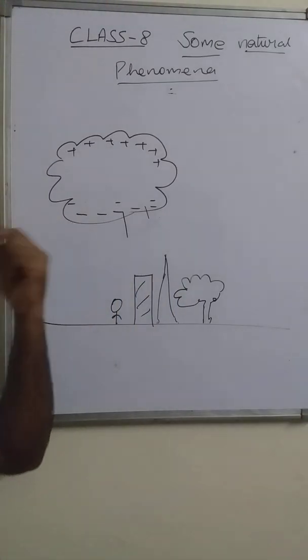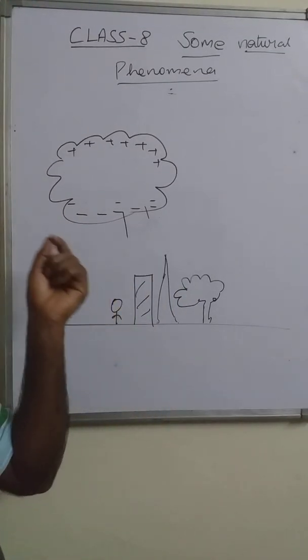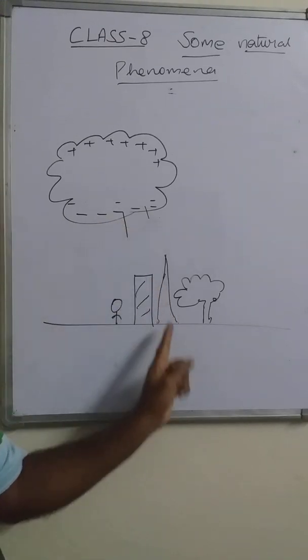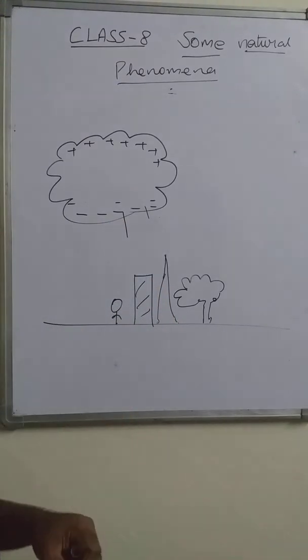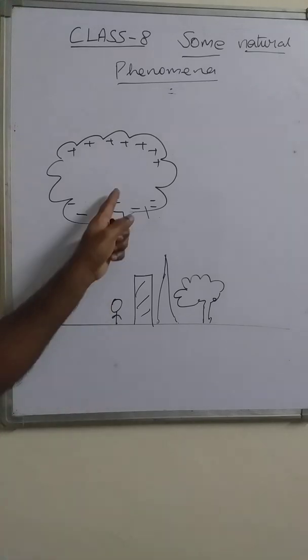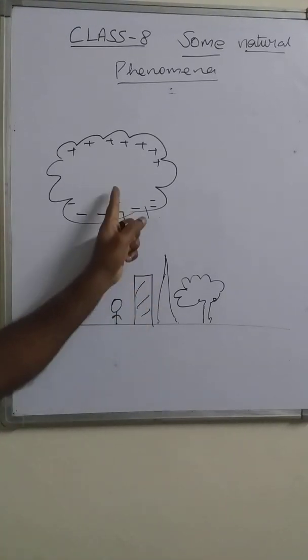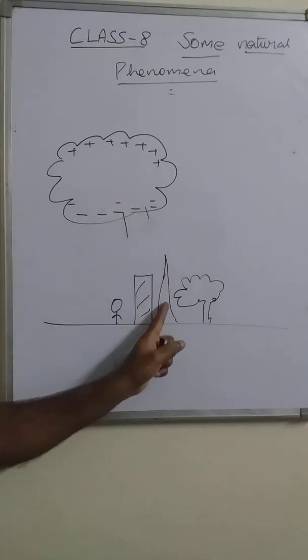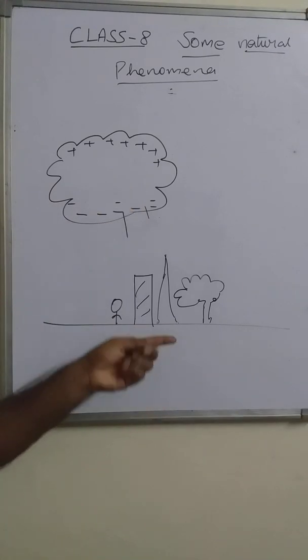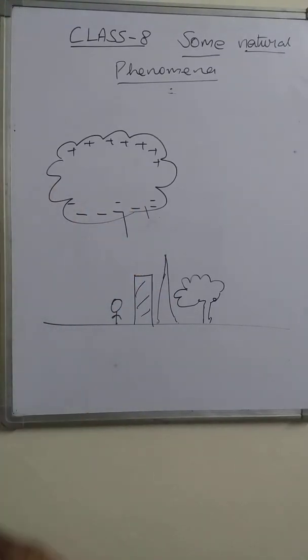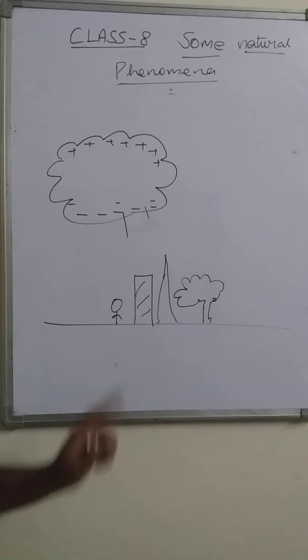Now this flow of charge selects the shortest path to reach the ground. Shortest path means the object which is nearer to the cloud, the highest object, that is the tower.